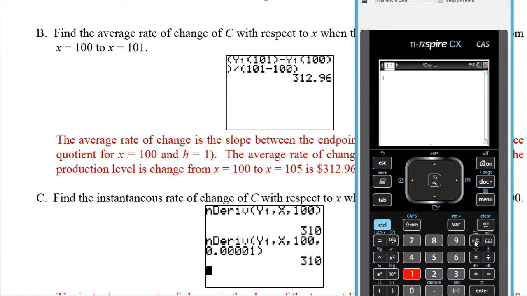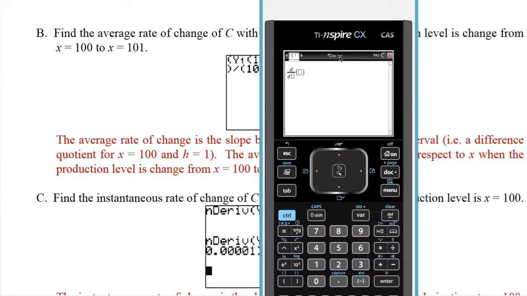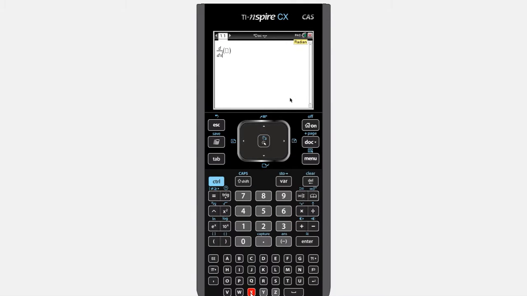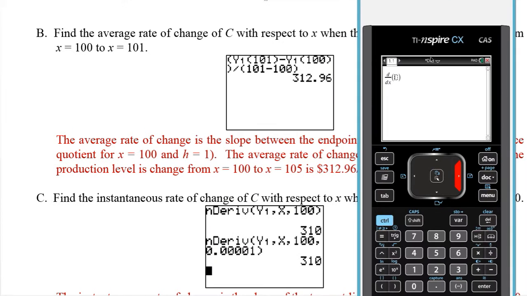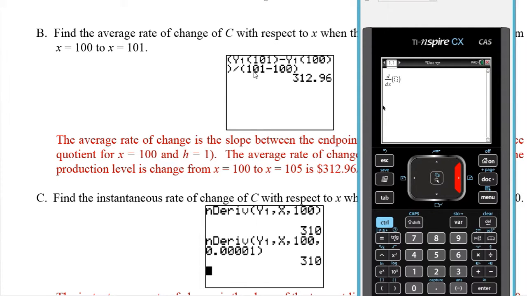We go to this little button right here that has all these little symbols on it, and we select this one, get our cursor using our keypad on this symbol right here for derivative, hit enter, and this down here in this box is x, and we're taking the derivative of, again, if I have this in as f1, which is what it would be on an Inspire, I can do that.